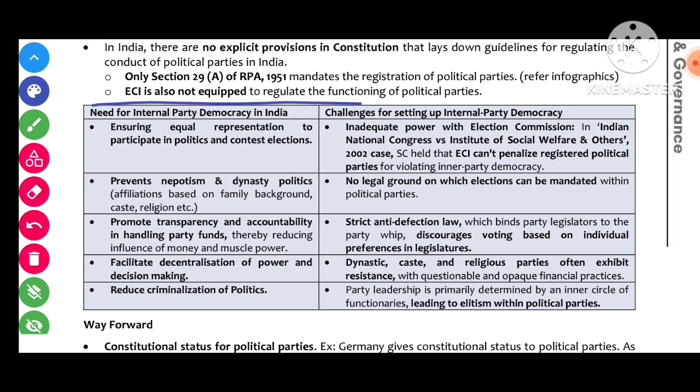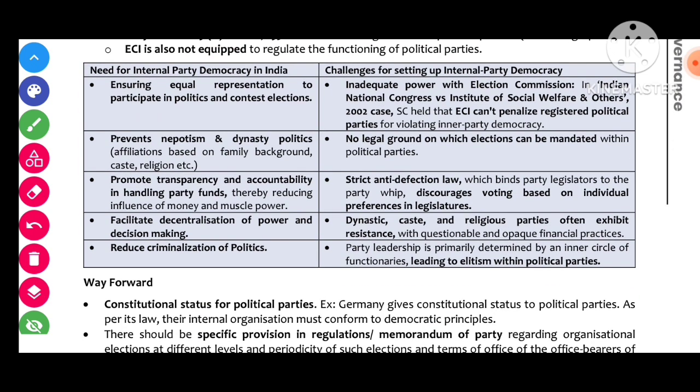And Section 29A of RPA 1951 mandates the registration of political parties, and the ECI is also not equipped to regulate the functioning of political parties. And the need for internal party democracy in India: ensuring equal representation to participate in politics and contest elections, preventing nepotism and dynastic politics, promoting transparency and accountability in handling party funds, facilitating decentralization of power and decision making, and reducing criminalization of politics.